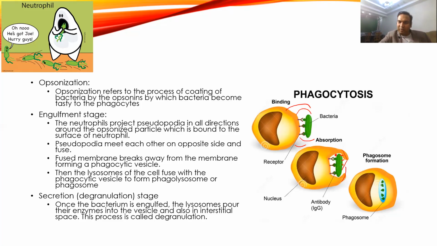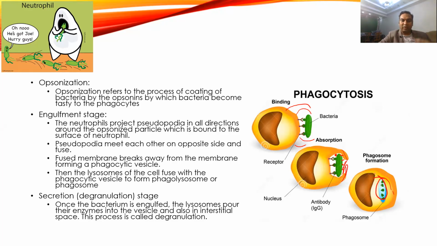The cell membrane attaches over the complete area of the bacteria, and once it reaches the opposite side, it fuses and forms one vesicle, and that vesicle is called a phagosome.